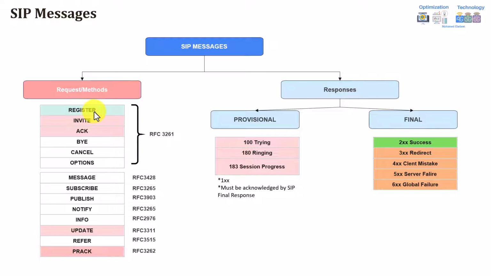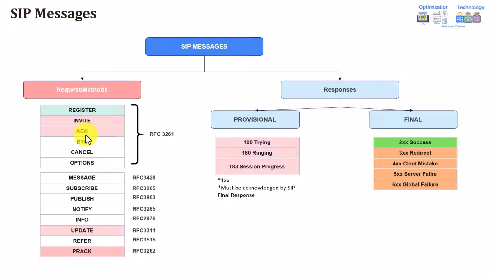REGISTER in general is sent by the client or the user, requesting to register to the SCCF, or the IMS in general, to start sending SIP INVITEs and start making calls. And the SIP INVITE will be sent from the mobile originating client whenever he would like to invite another user to start a call, or call another user. So he'll be sending a SIP INVITE.